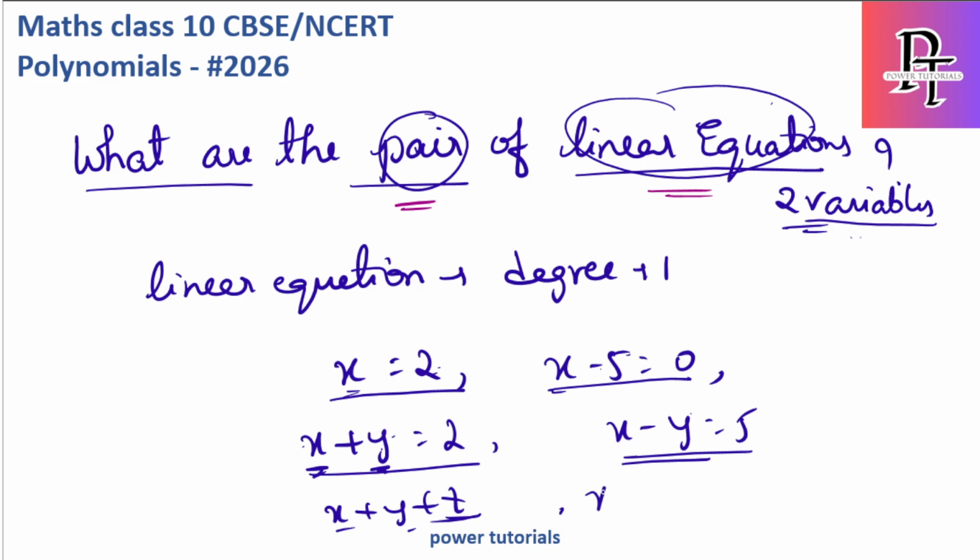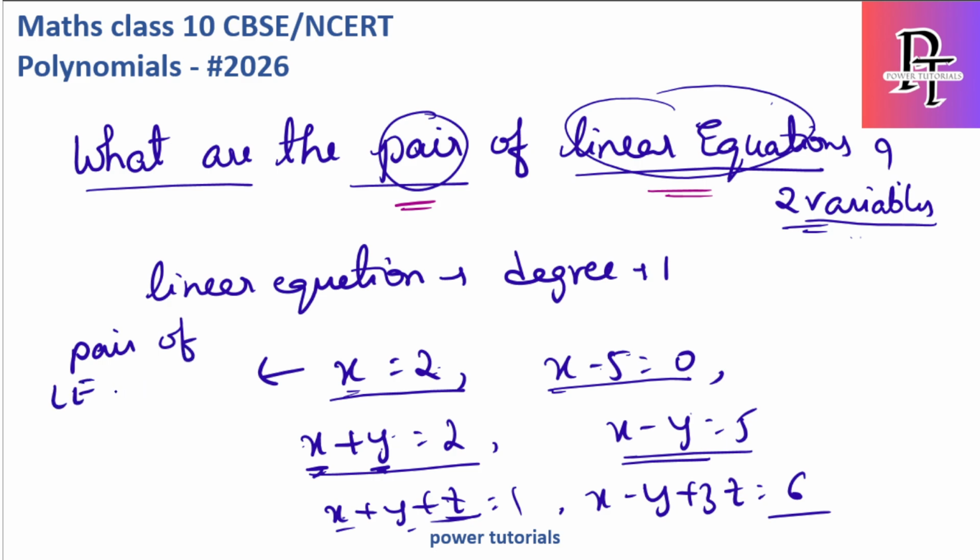What about the third example which I am showing? What about here? This is also two variables, two equations, so a pair of linear equations. What about degree? Degree is 1, it is a linear equation. What about variables? 1, 2, 3 variables I have. Here also I have three variables. So this is a pair of linear equations with three variables. Okay, I will write here, I'll simply write LE.